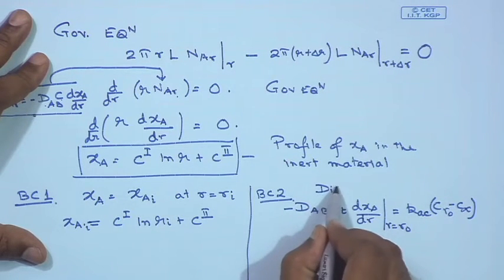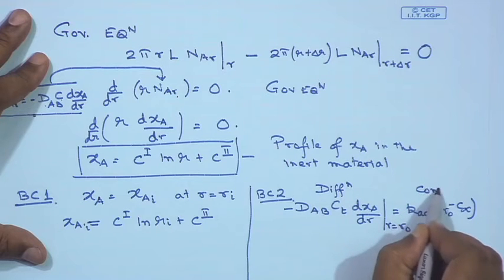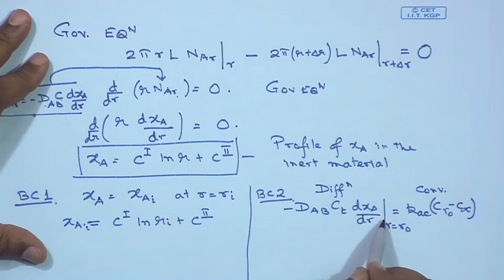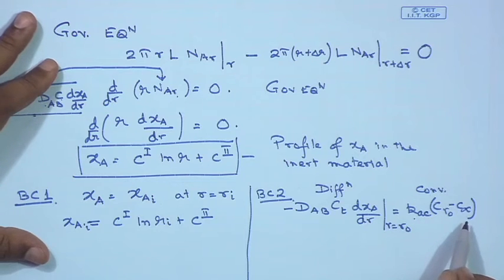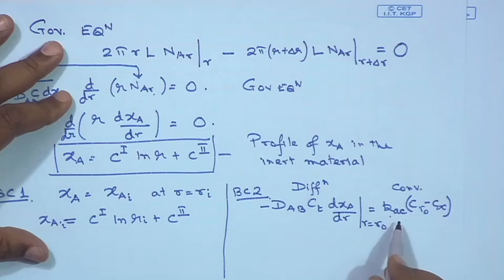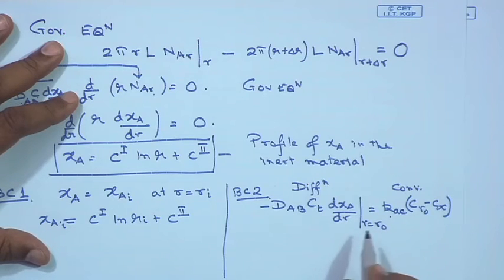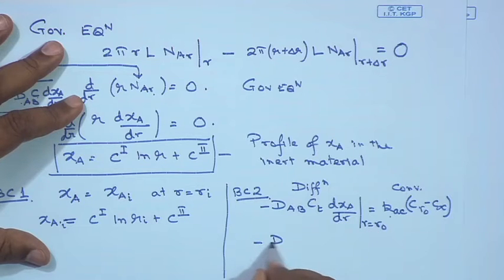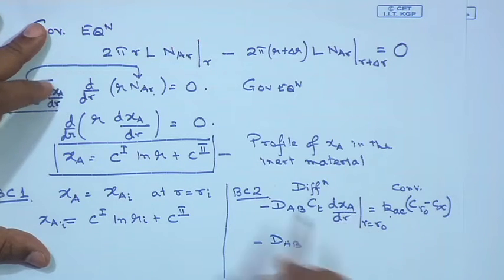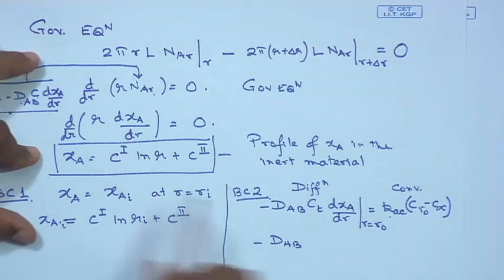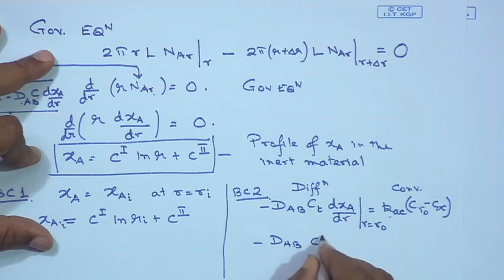So, this is essentially the diffusion and this is convection. On the control surface which characterizes the outer surface of the coating, diffusion of A must be equal to the convection of A away from the drug into the intestinal juices. So, we can write this as minus D_AB and dx_A/dr. If you look at dx_A/dr from here, it is going to be C1 divided by r, evaluated at r_0.